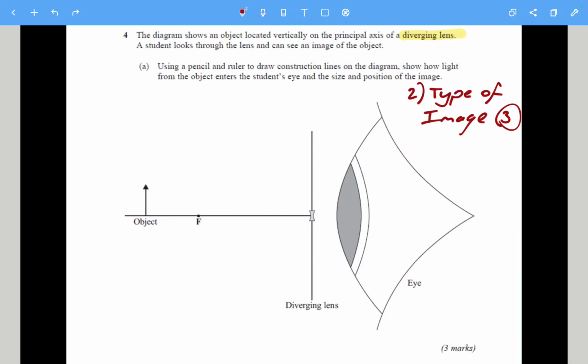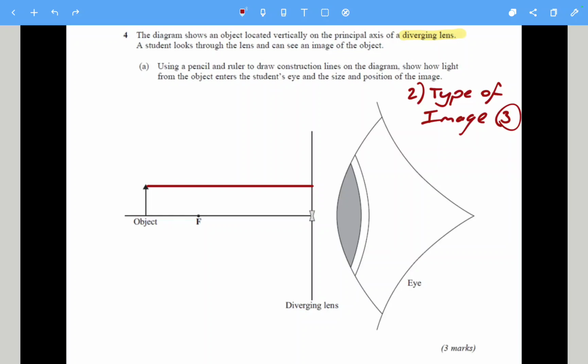So I'll try my best to draw this one. So straight across. And then remember, it's got to diverge as if it comes from F because it's a diverging lens. So basically what you need to do is something like this. But obviously that's not good for this.